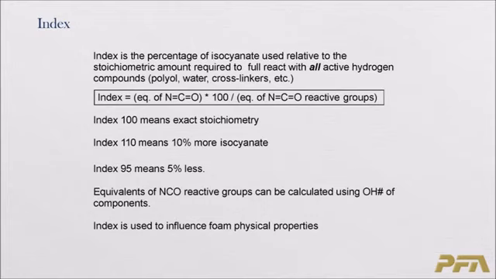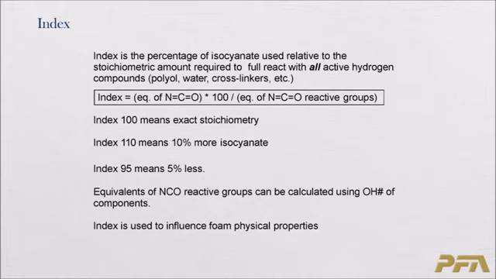110 index means I have, say, 10% more isocyanate than is needed. That isocyanate will still react, and what it will do is some additional cross-linking or other reactions. Versus if you're, say, 95 index, it means you don't have enough isocyanate, so you may not get the full range of properties.